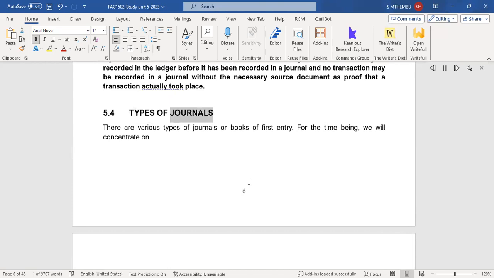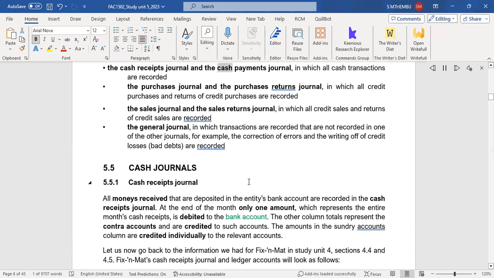5.4 Types of journals. There are various types of journals or books of first entry. For the time being, we will concentrate on the cash receipts journal and the cash payments journal, in which all cash transactions are recorded. The purchases journal and the purchases returns journal, in which all credit purchases and returns of credit purchases are recorded.